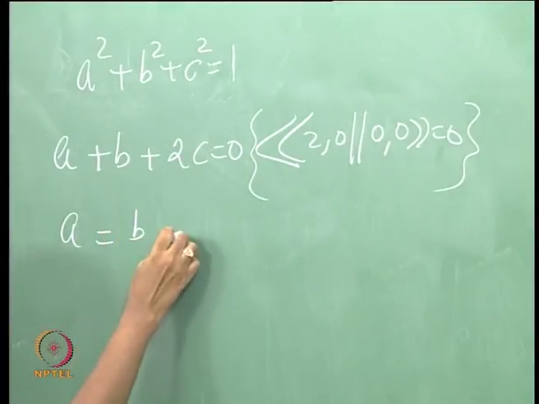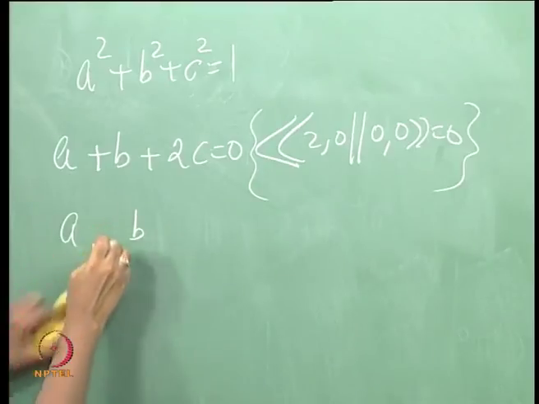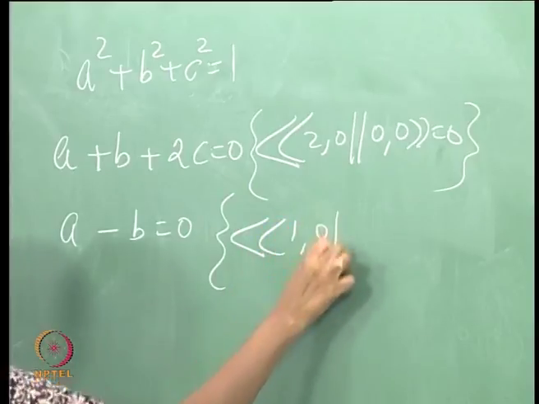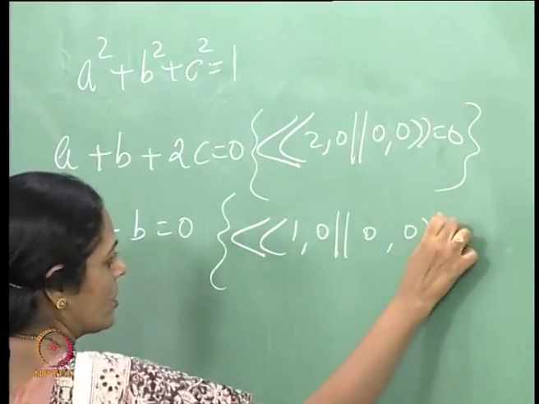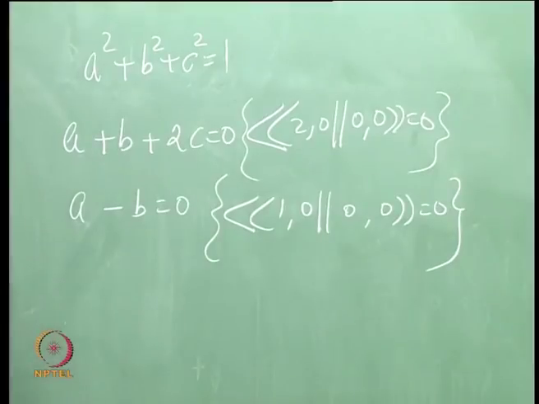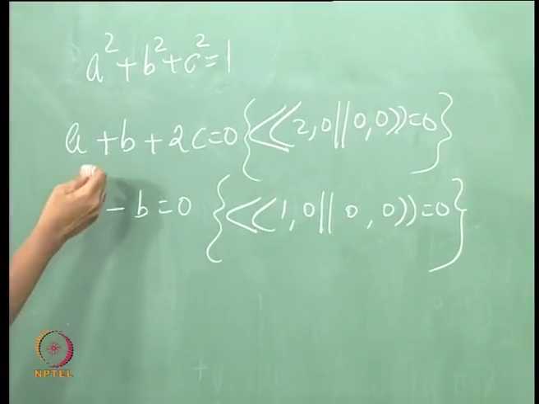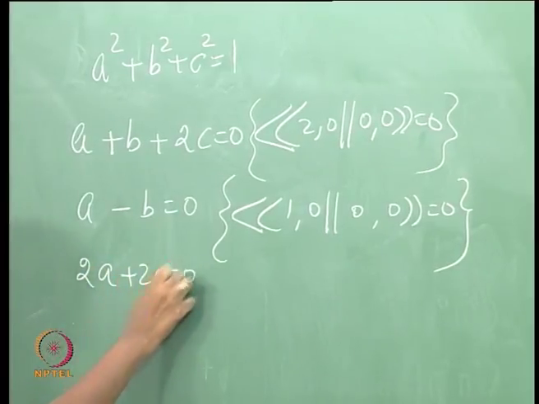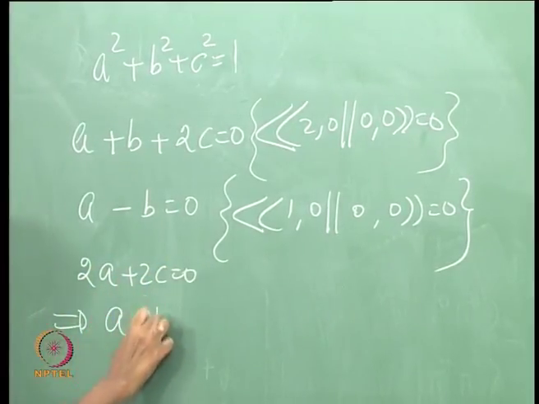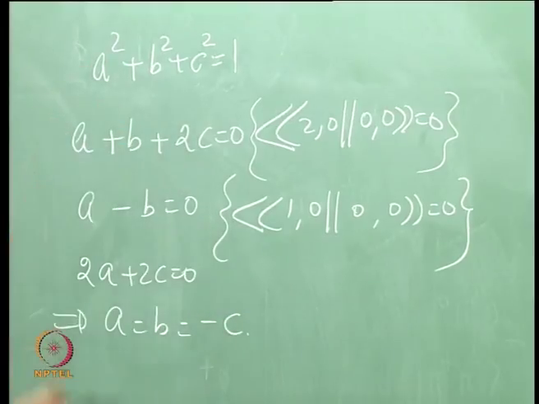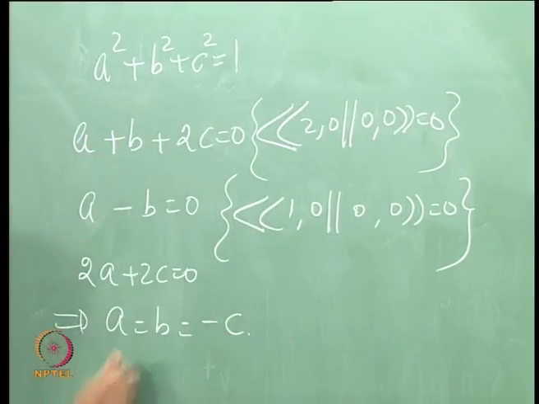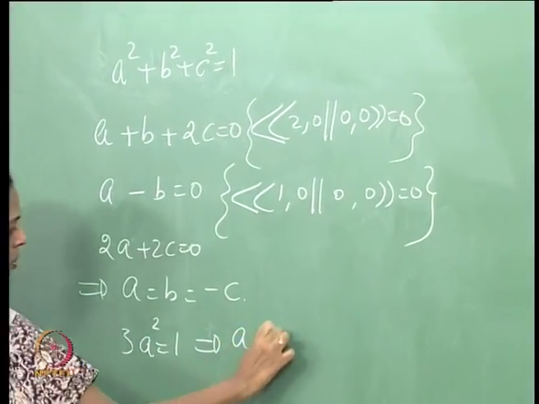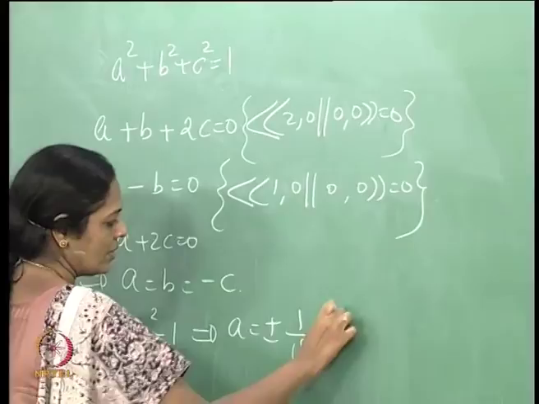So A equals B, or A minus B equals 0. This came from the fact that 1 comma 0 is orthogonal to 0 comma 0. So I have A equals B. So here I have 2A plus 2C equals 0, which implies that A equals B equals minus C. So I go back there and I have A squared plus B squared plus C squared equals 1, which implies that A is plus or minus 1 by root 3.